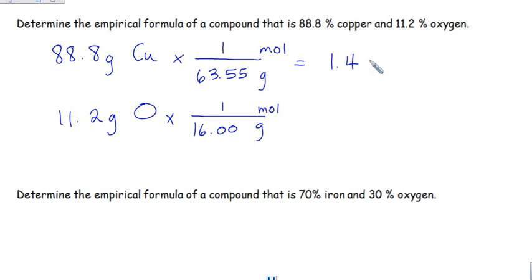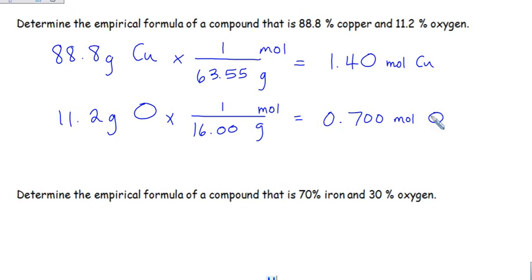I'm going to go 1.40. There's the copper. 11.2 by 16. Ha! I love it. 0.700 moles of oxygen. All right, this is great.